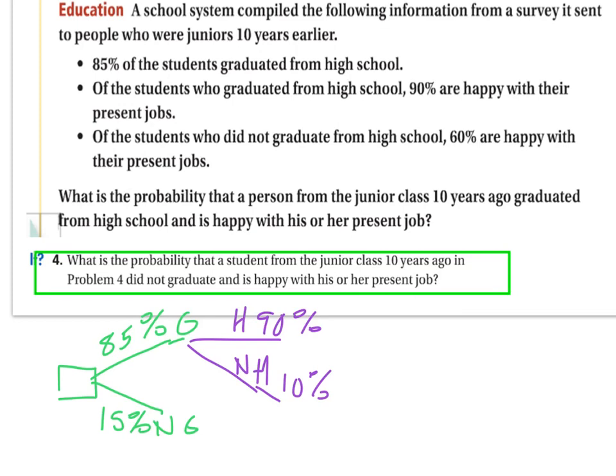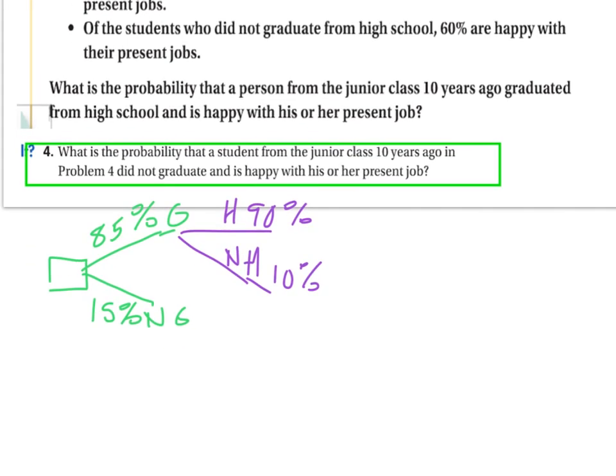The third point they offer is that of the students who did not graduate from high school, 60% are happy with their present jobs. So again, we'd have another branch here. So if I put not happy here and happy here, so 60% chance that they are happy, so that would mean 40% chance that they're not happy with their present job.